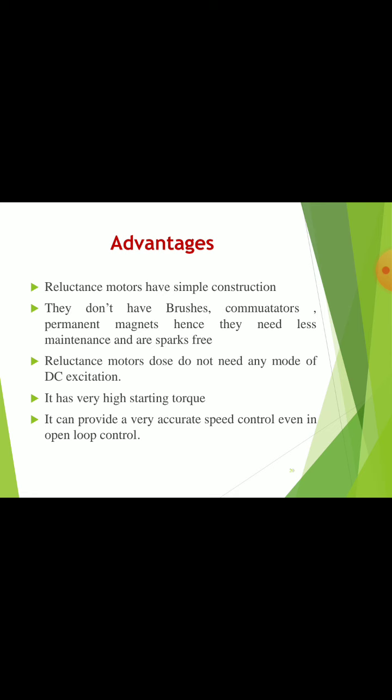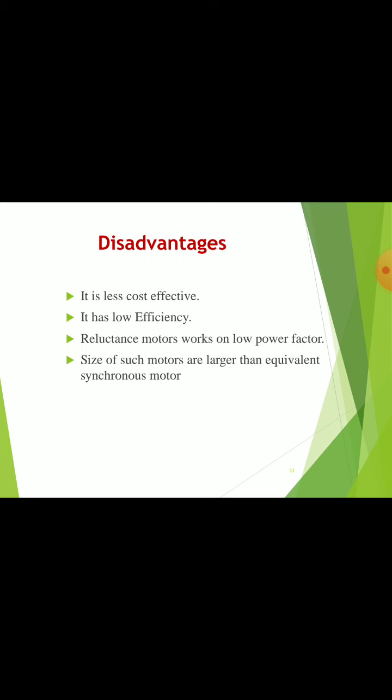It has a very high starting torque. It can provide very accurate speed control even in open loop control. That is the main advantage of a reluctance motor. Now the disadvantages: it is less cost effective and has low efficiency.